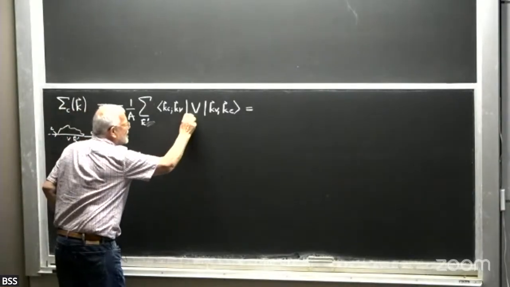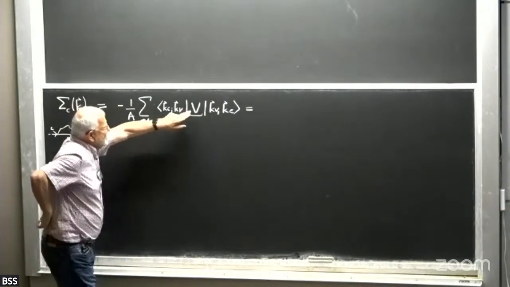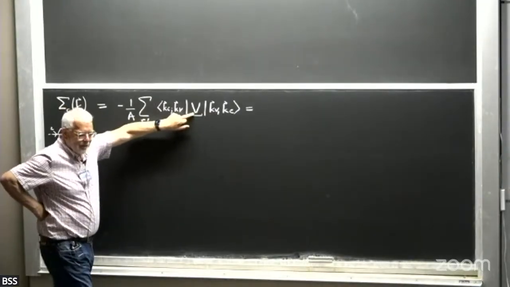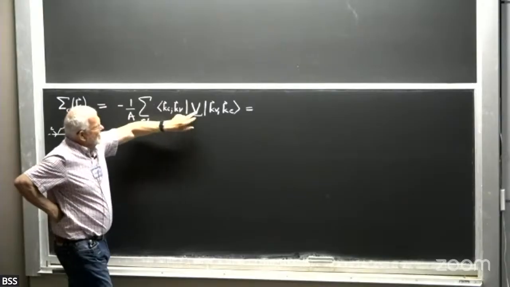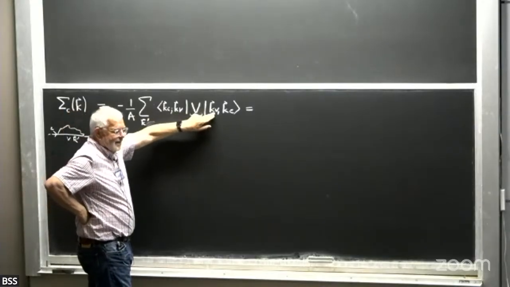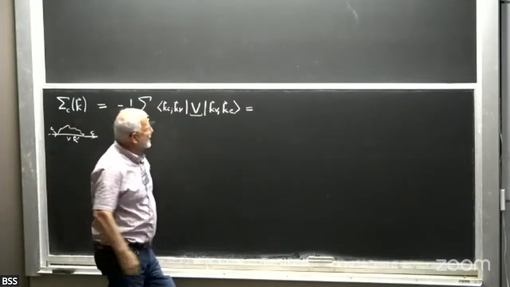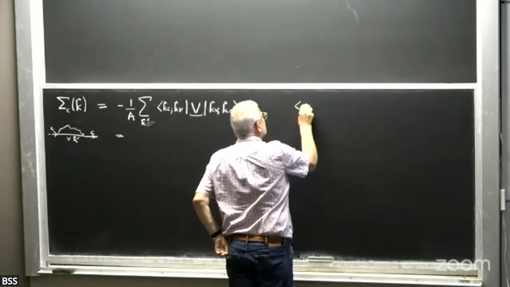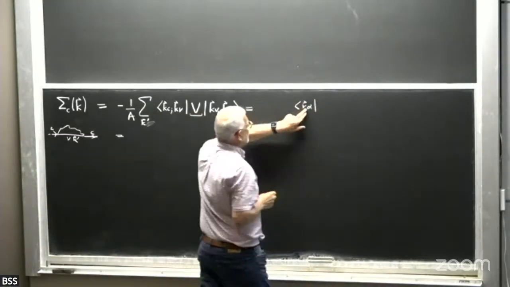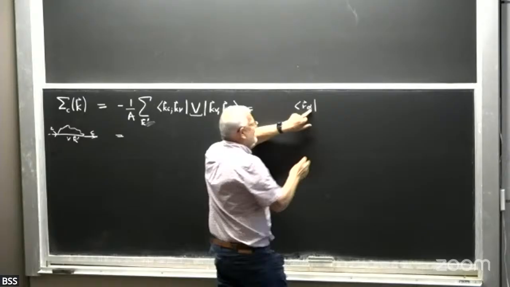To a good approximation, so this is the Coulomb interaction. It acts on the orbital degrees of freedom. Each of these states is a two-component spinor, let's say at K. So this is a coordinate sublattice.